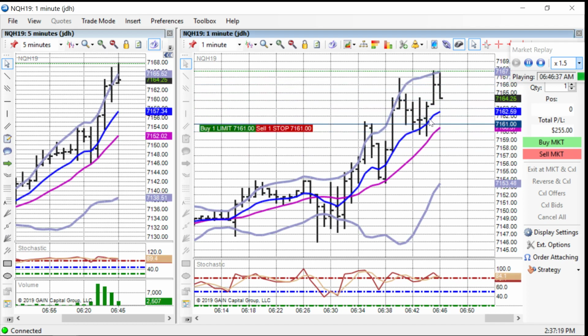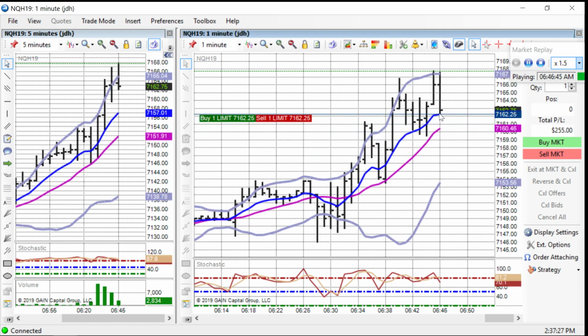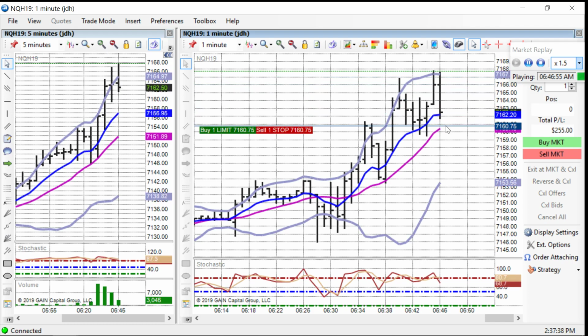That's a sign of decreasing momentum towards the upside. So I'm suspecting maybe the next up move will be a 1-2-3 top formation here.